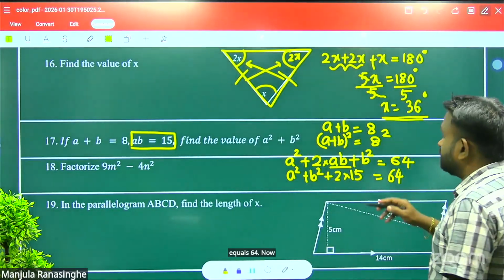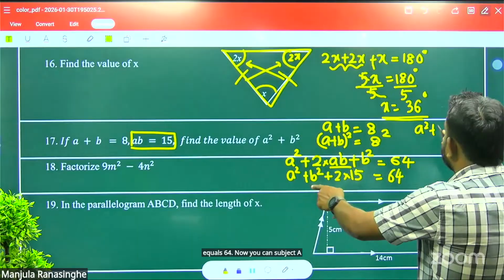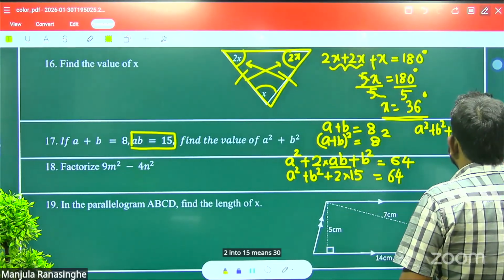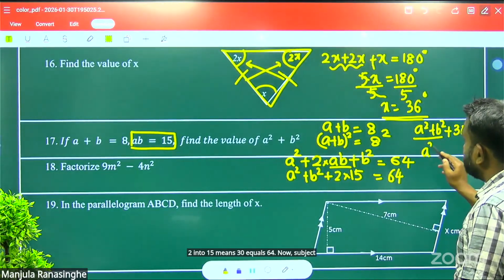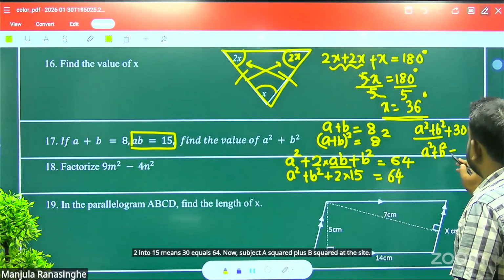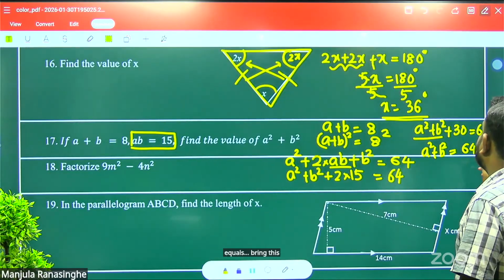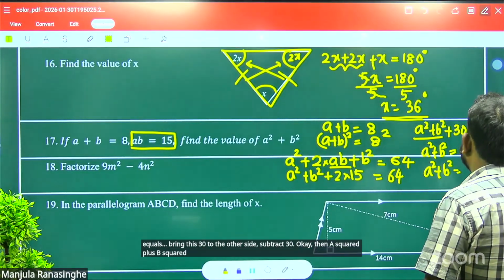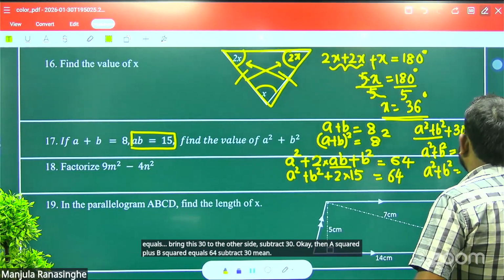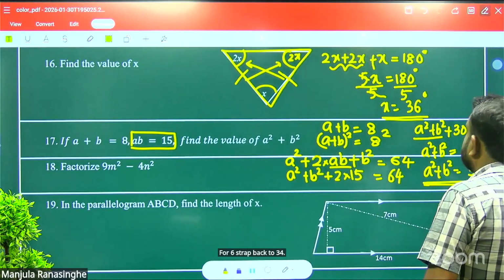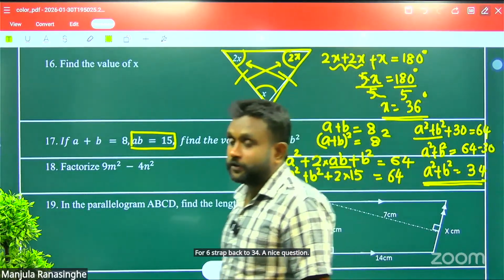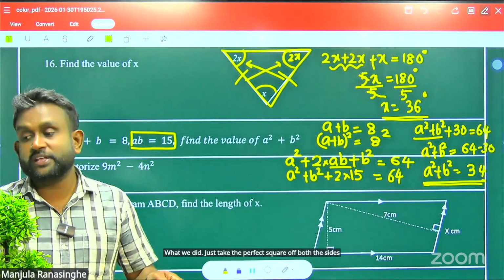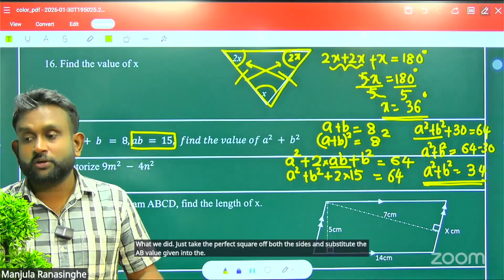Now a squared plus b squared plus 2 into 15, meaning 30, equals 64. Now to get a squared plus b squared on one side, bring this 30 to the other side, subtract 30. Then a squared plus b squared equals 64 minus 30, which is 34. A nice question. What we did: just take the perfect square of both sides and substitute the ab value given into the equation.